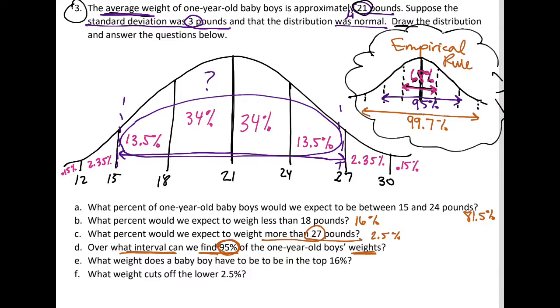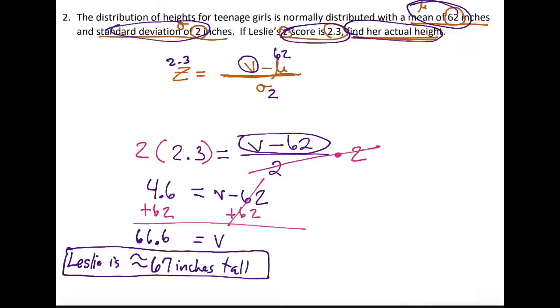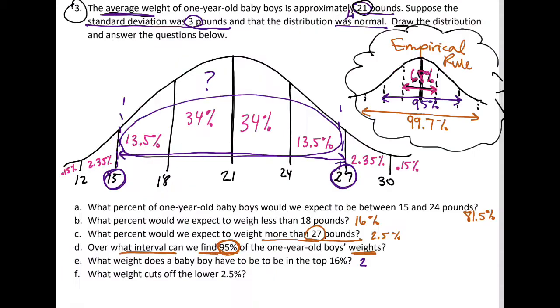So therefore, the question is, what lines are the cutoffs? What is the interval? Well, that is from 15 to 27. So your answer would be written as 15 to 27. So that's basically how you would answer that question.